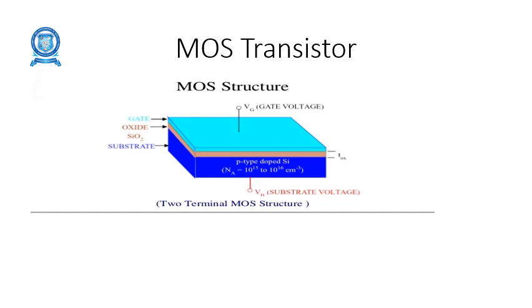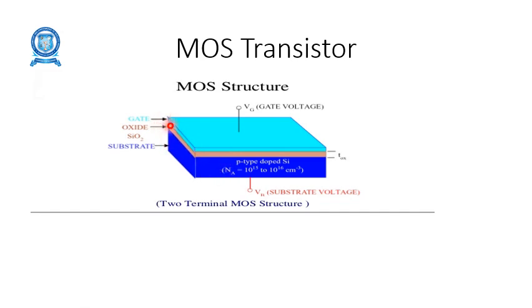Then next we are going to see about the structure of MOS transistor. MOS means metal oxide semiconductor. It will have many layers. That's why we are having the metal oxide semiconductor name. It will have some metal layers to form the transistor.